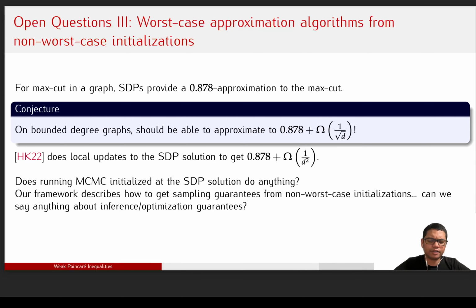And in terms of theory building, this and the previous question are also natural extensions to our results, because in this particular work, we were able to give conditions under which annealing has sampling guarantees from non-worst case initializations. But can we say anything about inference or optimization guarantees?